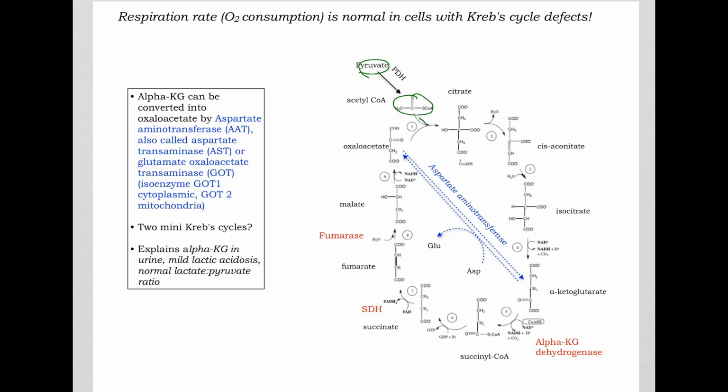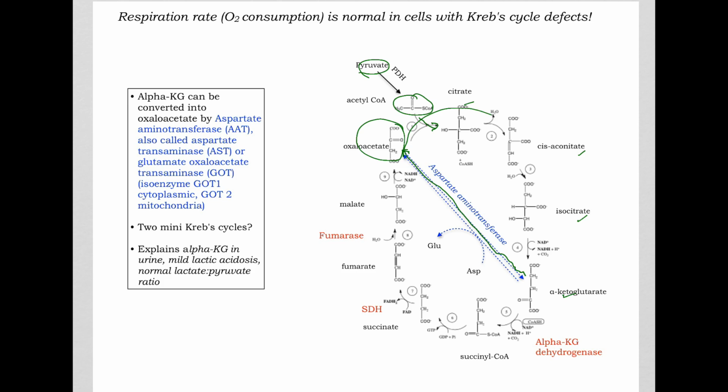The acetyl-CoA will enter the Krebs cycle because there's enough oxaloacetate, and it will form citrate, cis-aconitate, isocitrate, and alpha-ketoglutarate, and then AAT will convert alpha Kg into oxaloacetate.